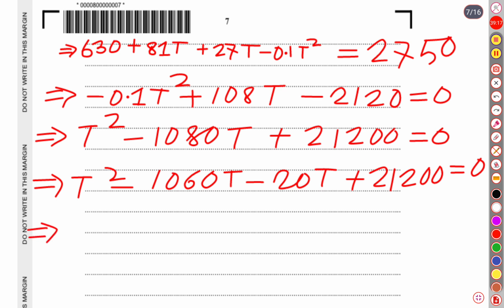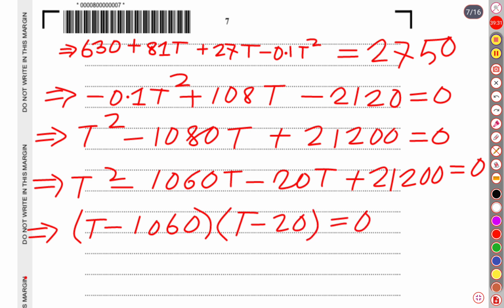Hence if we factorize, it is going to be T minus 1060 into T minus 20 is equal to 0. Hence our T is 20.